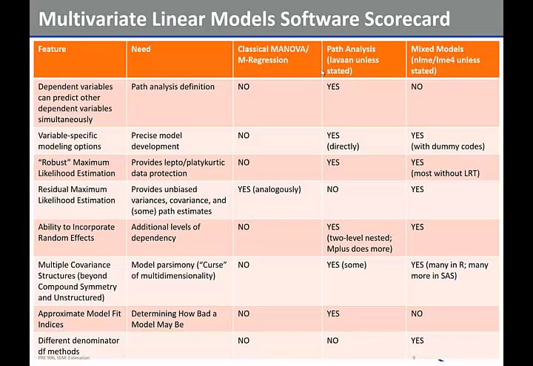So the first feature is dependent variables, your outcomes. Can they predict other dependent variables? It's a necessary thing to do. Have you heard of mediation models before? A mediation model is one where you have a variable x and a variable y. If I were to draw an arrow, x predicts y.